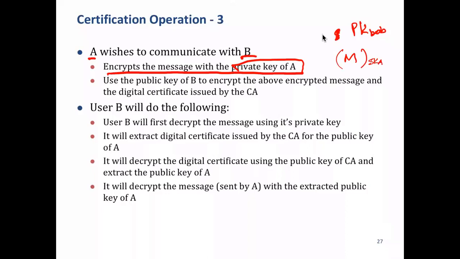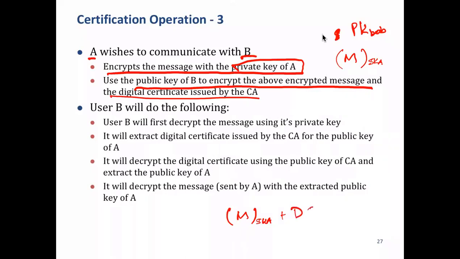Okay. Then use the public key of B to encrypt the above encrypted message and the digital certificate issued by the CA. So what she will do is that this M, whatever she has with SKA, she adds to this the digital certificate she has received, and all that she will encrypt with the public key of Bob, PK Bob.